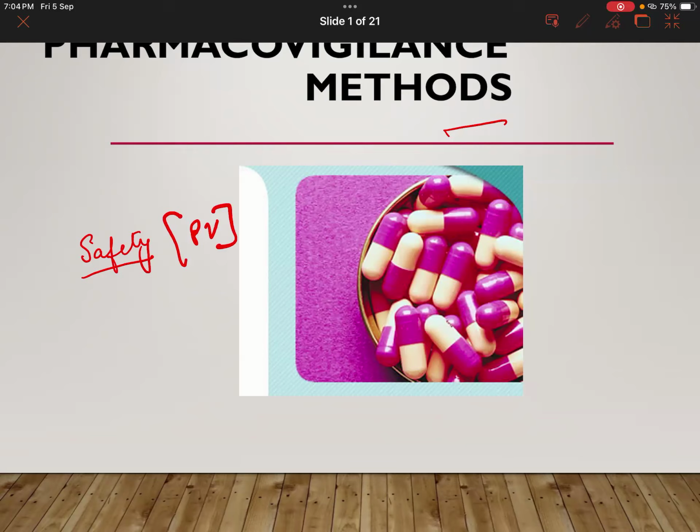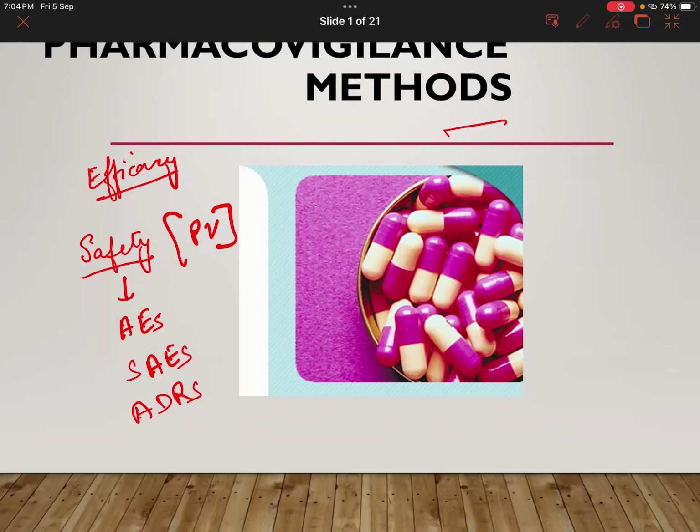So there are two parameters in a clinical trial: efficacy, which is how well this drug is working, and safety, right? And safety we measure in terms of AEs, SAEs, ADRs, right? These are the basics. I will explain you as well.